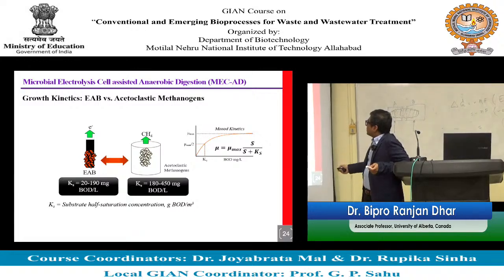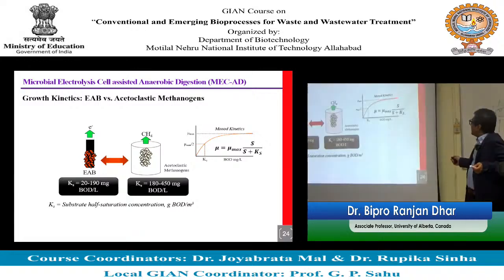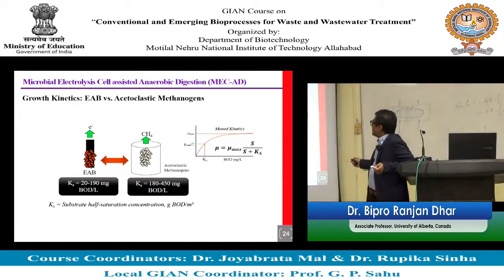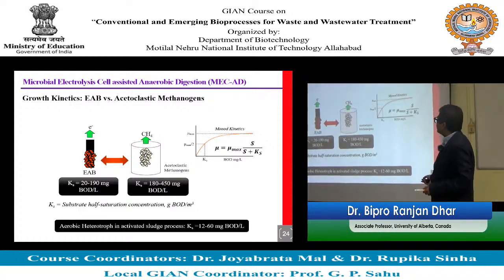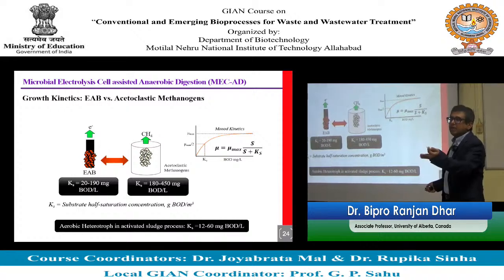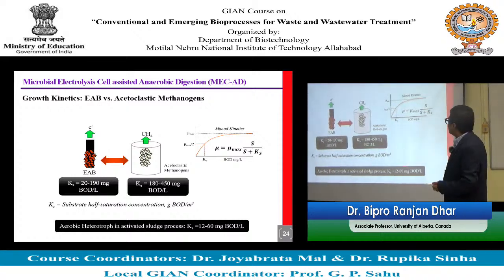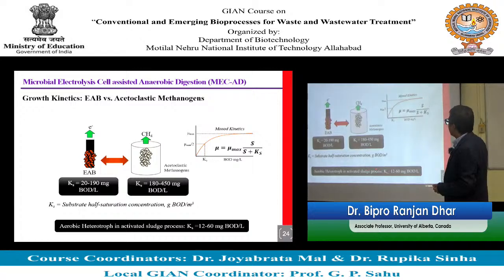So actually with EAB you can have a perfect monolith pattern. We are going to discuss that in a later slide. But as you can see here, what is it for aerobic heterotroph? In day 2 we discussed that, right? Aerobic heterotrophs in the activated sludge process have a Ks value from 12 to 60 milligram per liter BOD.